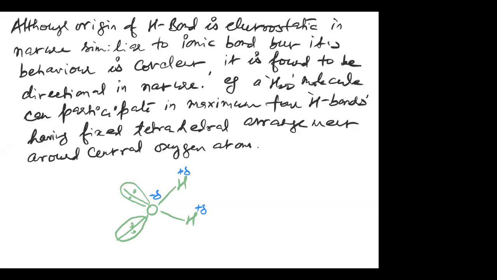So it can form one hydrogen bond by this hydrogen atom, one hydrogen bond with this hydrogen atom, and one hydrogen bond from each of the two lone pairs of electrons. So overall, it can form 4 bonds, 2 with hydrogen atoms and 2 with oxygen atoms. And it has a fixed directional characteristic similar to a covalent bond.